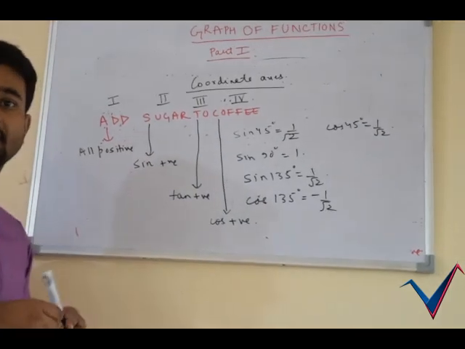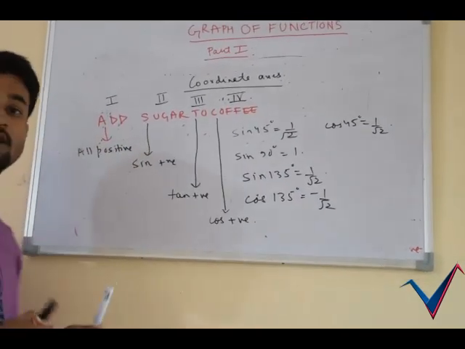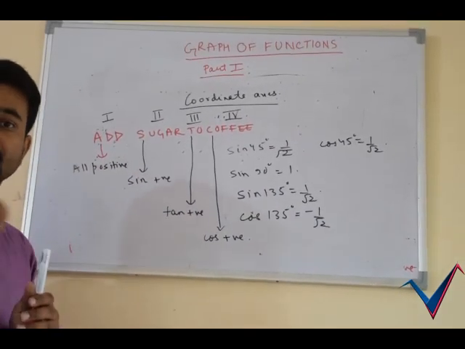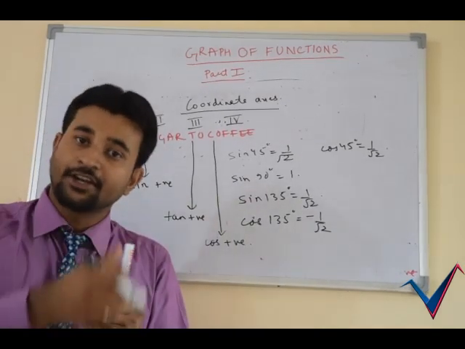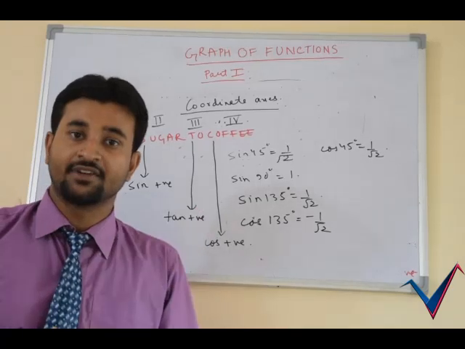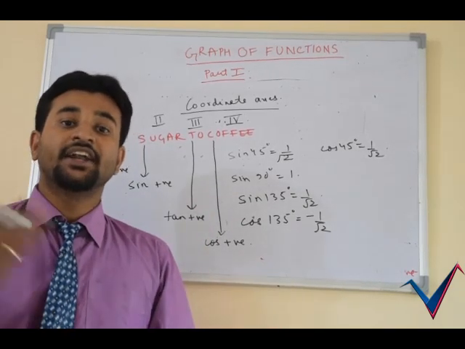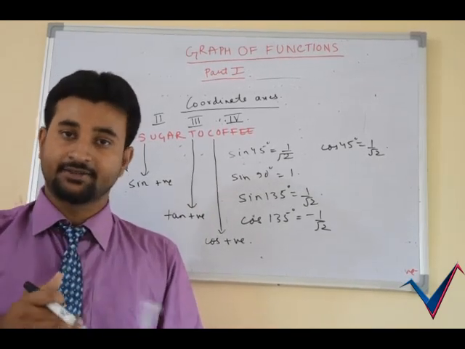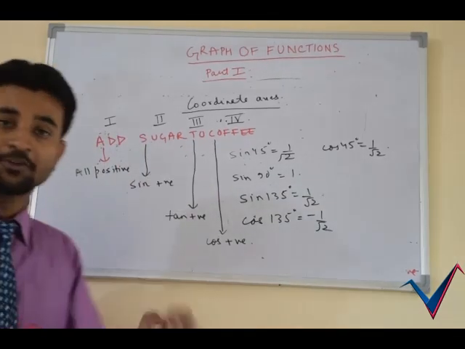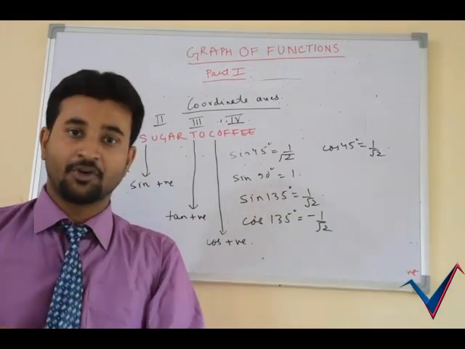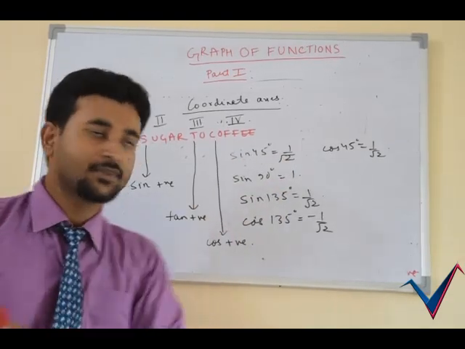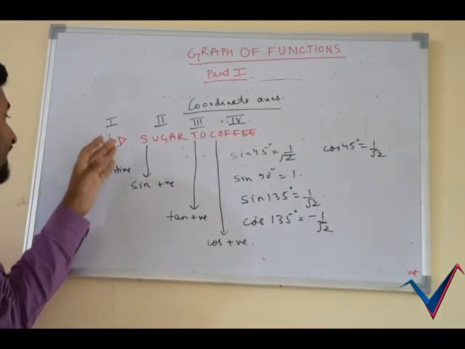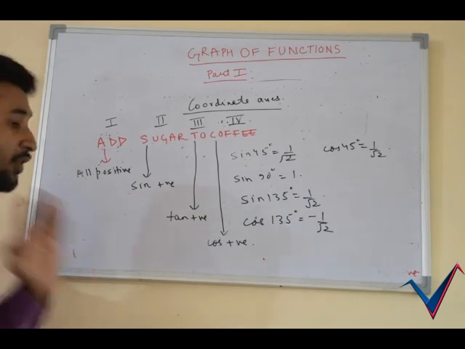So what you basically find is that in the first quadrant, all will be positive. All means sine, tan, cos will be positive. If sine is positive, then cosec theta is automatically positive, because cosec theta is the reciprocal of sine theta. Similarly, if cos is positive, sec will also be positive because sec is the reciprocal of cos theta. And the same thing for tan and cot. So in the first quadrant, all are positive.